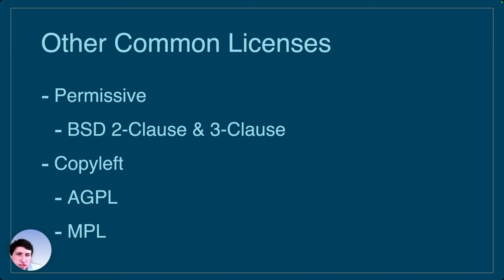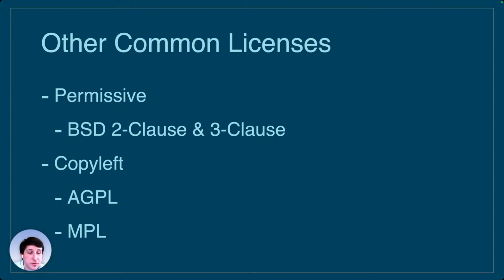So we talked about some of the biggest licenses: the MIT, Apache, GPL, LGPL. Here are some other ones you may hear about. The BSD 2-clause and 3-clause licenses are very, very similar to the MIT license. The AGPL, which I mentioned briefly earlier, includes provisions that say the source code has to also be released for server-side software that makes modifications to an original AGPL-licensed program.